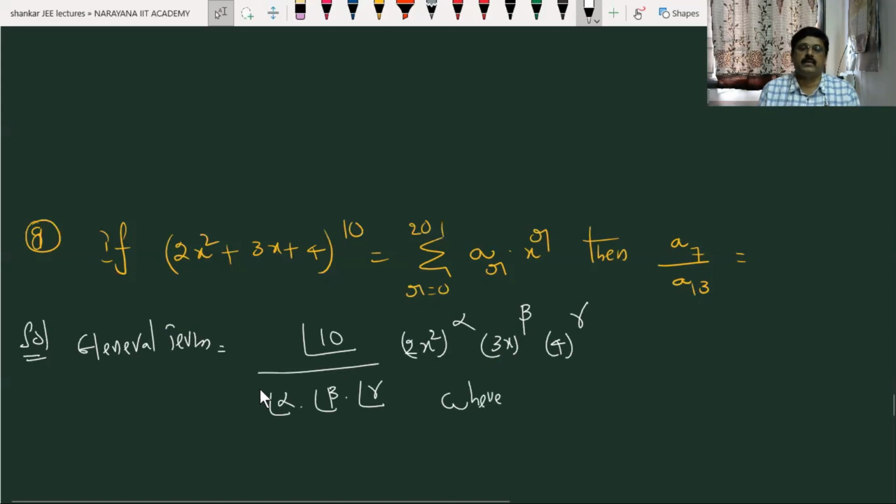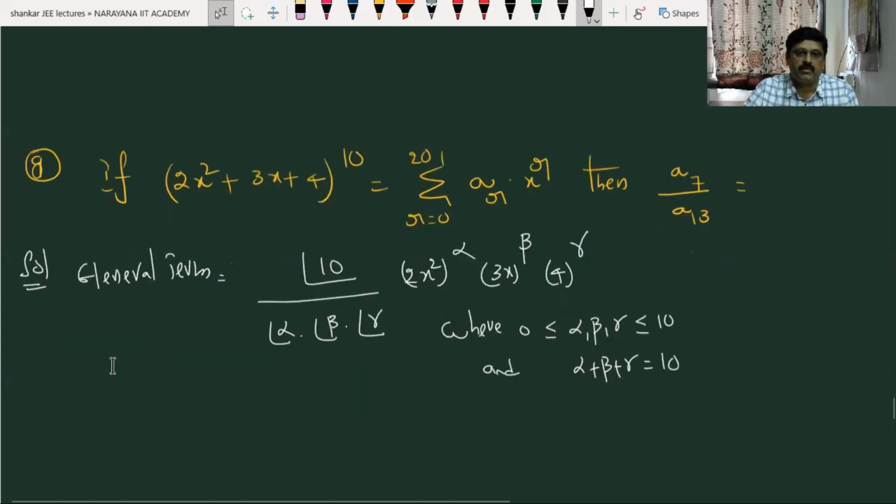There are some restrictions where alpha, beta, gamma each can take its value from 0 to 10, any number, and alpha plus beta plus gamma is equal to 10. This is how to write the general term of any multinomial expansion. If you take sigma here, it is giving the entire series.